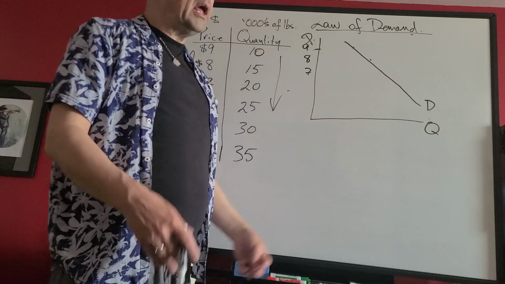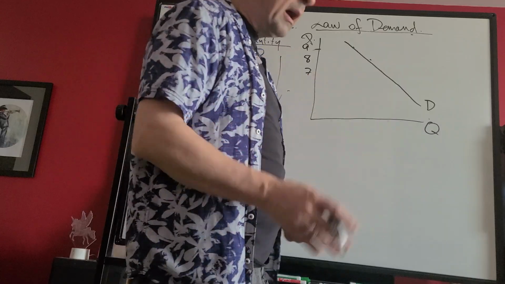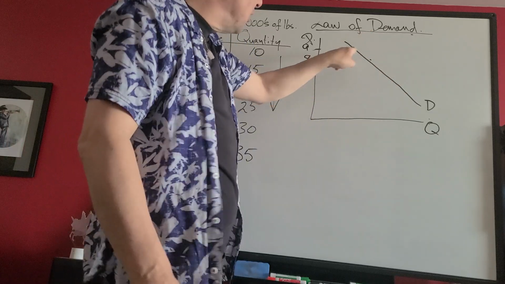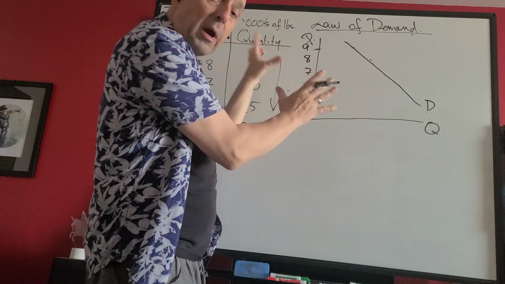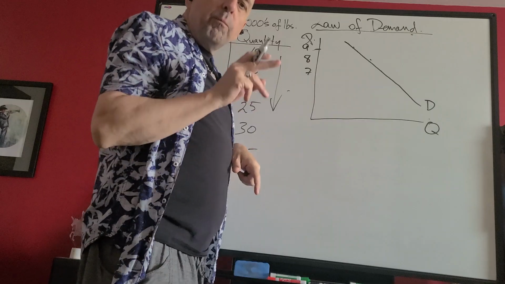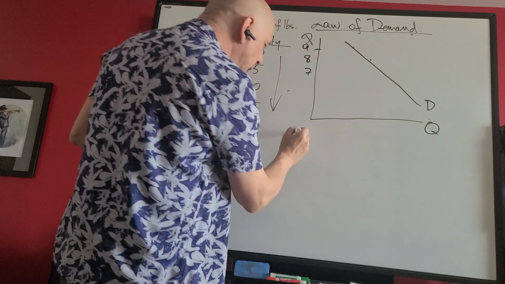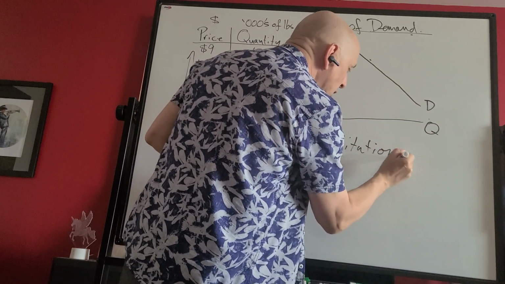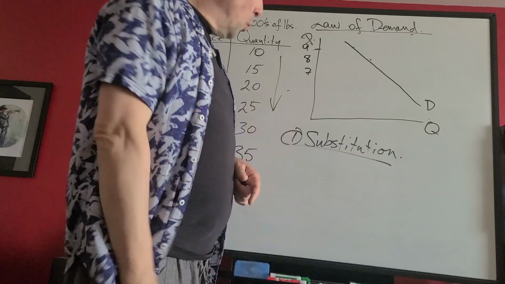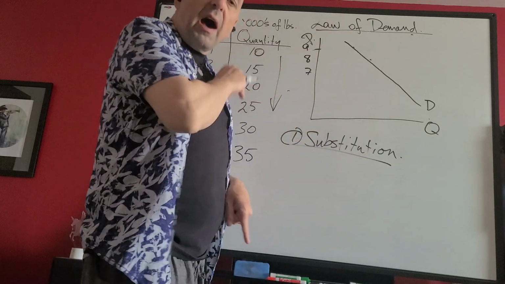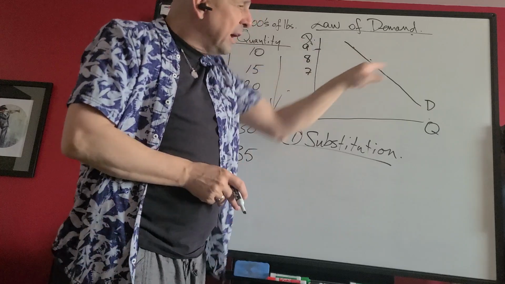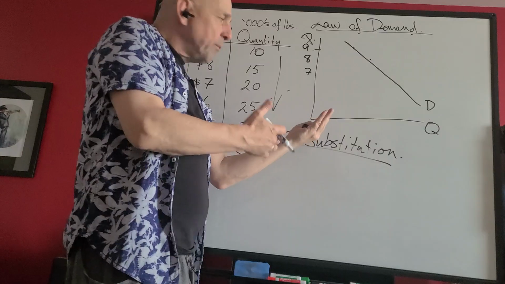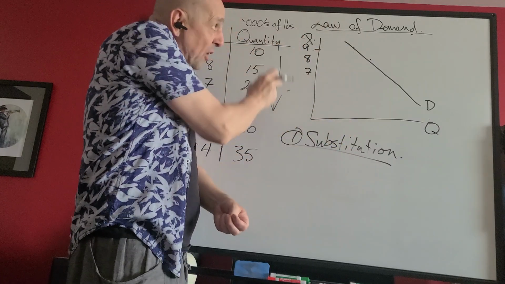Now, we can explain this intuitively for ourselves, but economists say that the reason why there is this relationship between price and quantity that we illustrate here, well, there are 2 reasons. One is substitution. As the price of this increases, I'm going to look for substitutes. The consumer is able to scale back on the quantity that they prefer of this thing because the price has gone up.